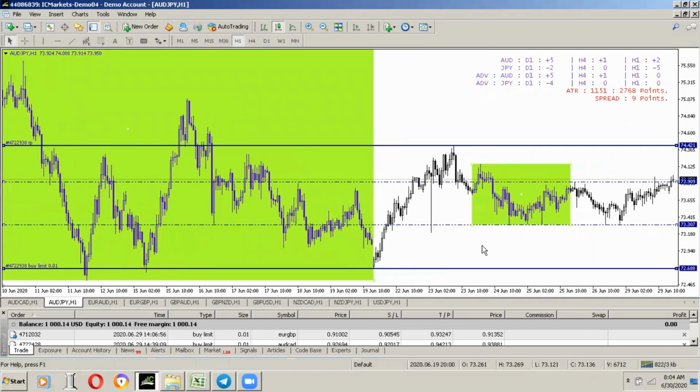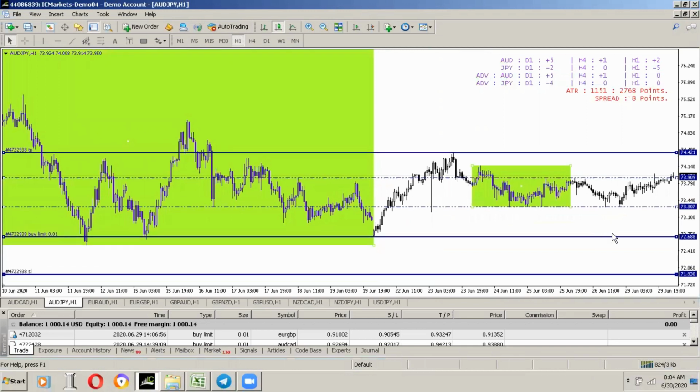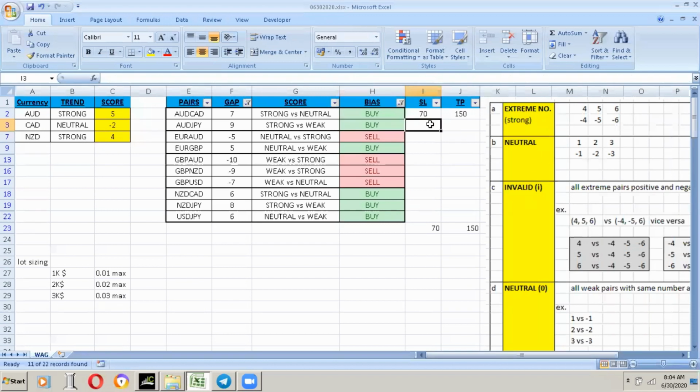So this would be my buy. And then, this is my buy area, this would be my stop loss, and then this would be my TP. Let's check the RRR. We have around 75 and 176.